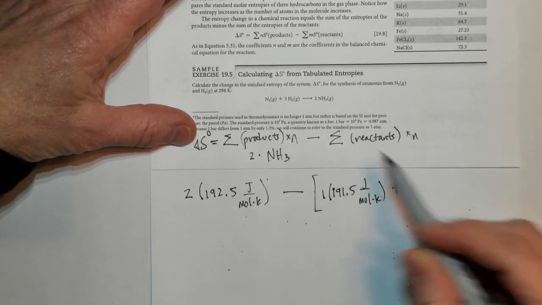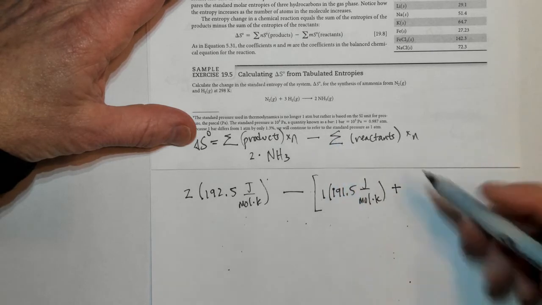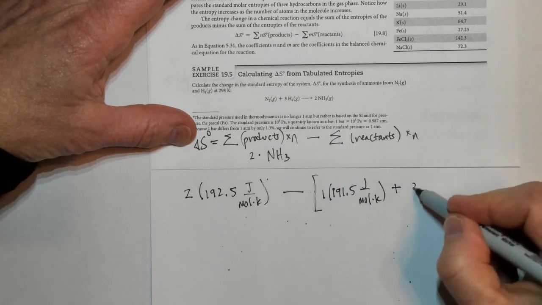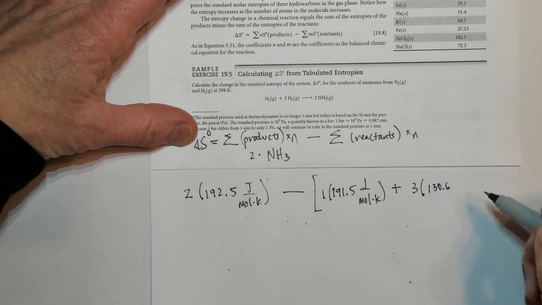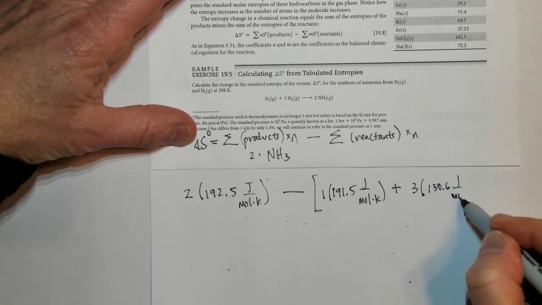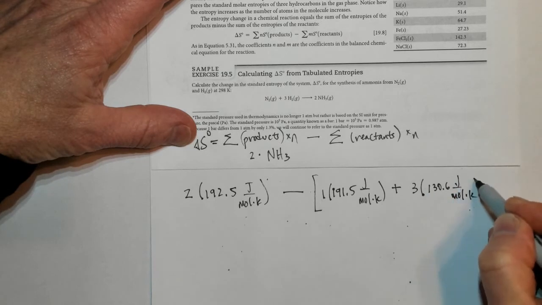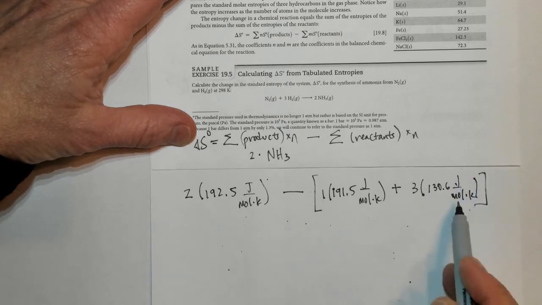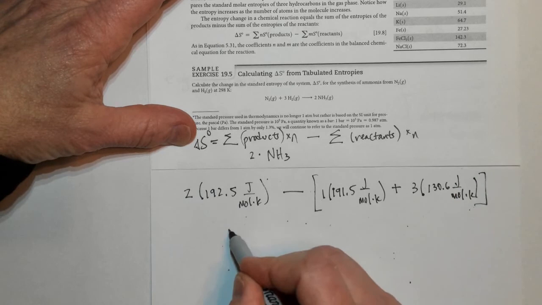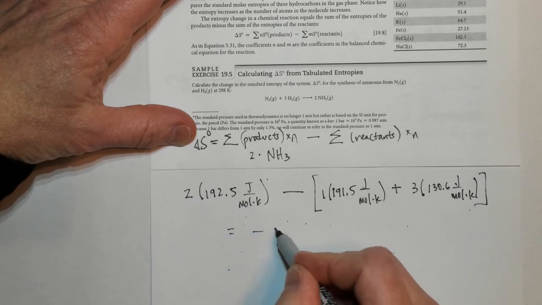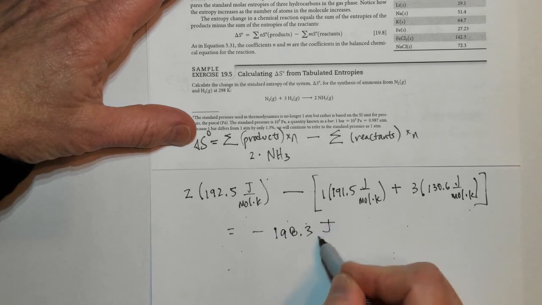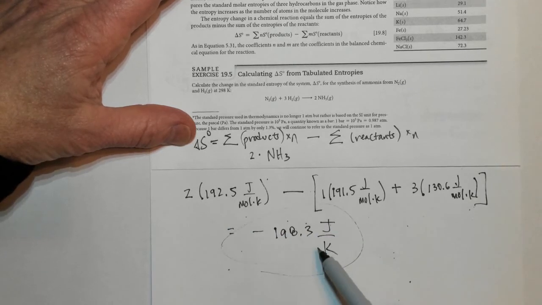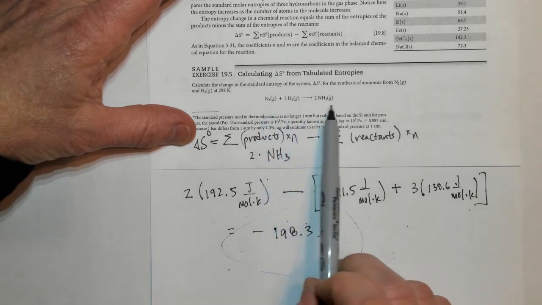And add that, because that's what this little symbol means, add them together, times 3 of 130.6 joules per mole times Kelvin. Add those together, subtract it from this, and we should end up with negative 198.3 joules per Kelvin.